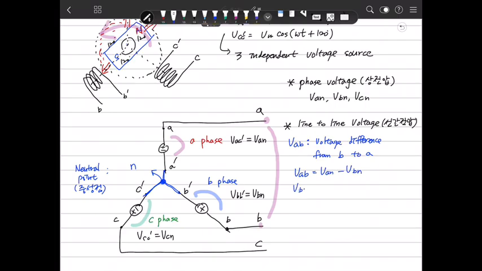Same way, we have VBC is a VBN minus VCN, and VCA, this is important, the sequence is important. The VCN minus VAN.